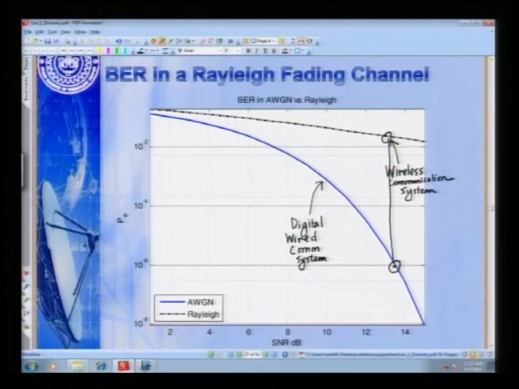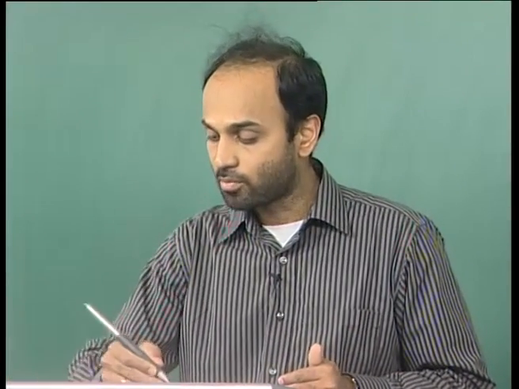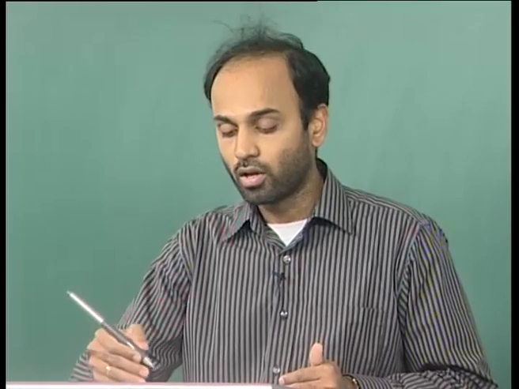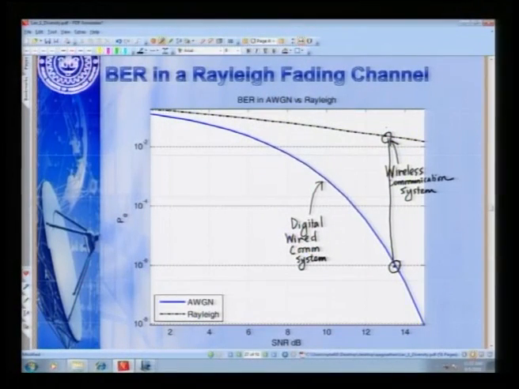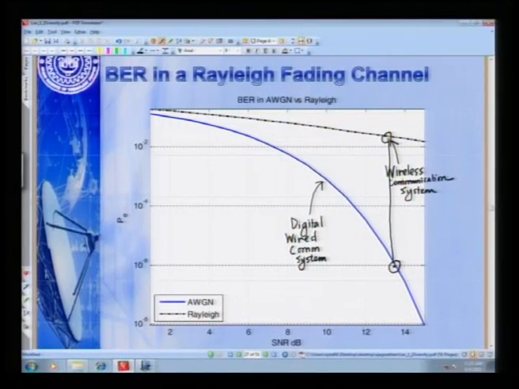In a wired communication system, the bit error rate is 10 power minus 6 at 13.6 dB, whereas in a wireless system it is much greater than 10 power minus 2. This is approximately 2 or 3 times 10 power minus 2. So, if you compare it, the difference between 10 power minus 2 and 10 power minus 6 is 10 power 4 times, or 10,000 times higher than the bit error rate of a wired communication system.